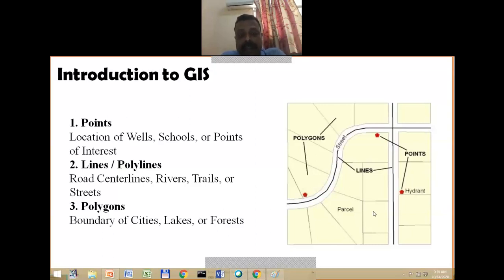So the line can store this information of distance or length. Plus, the line can also store the information of direction. If I want to describe my house, whether it is on the left hand side of the road or right hand side of the road, this information can also be stored if I have a line. Understood?